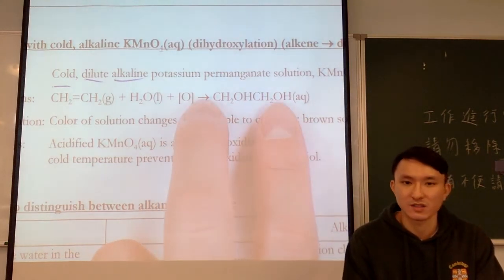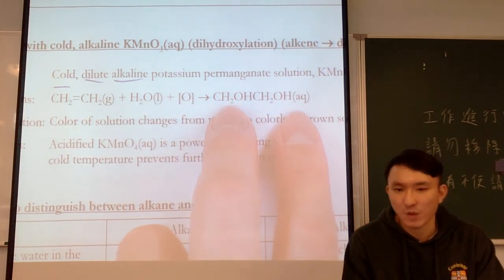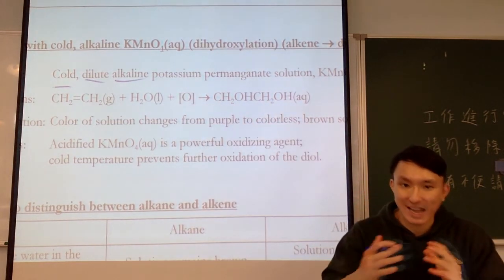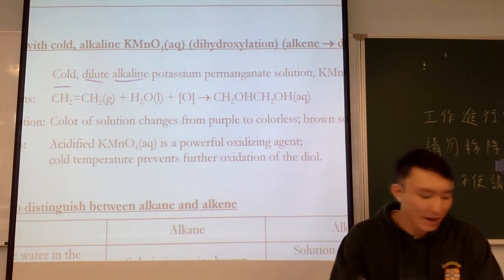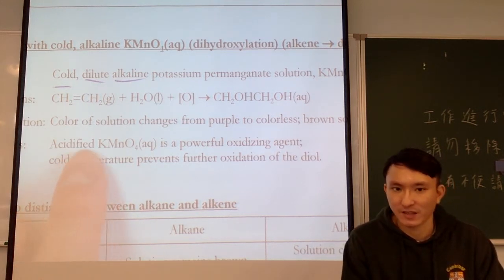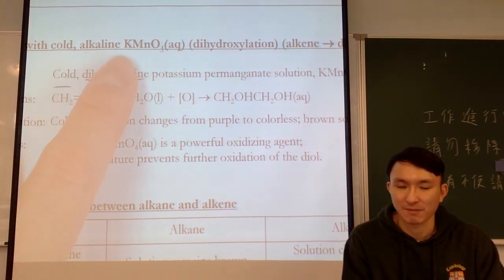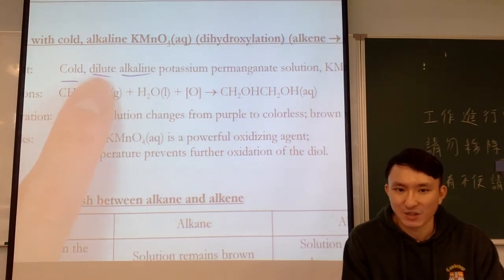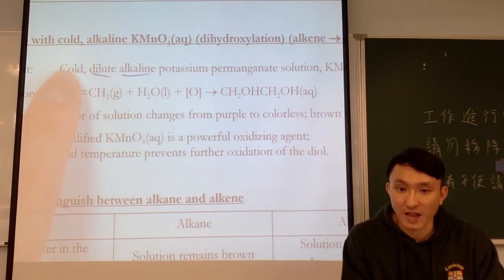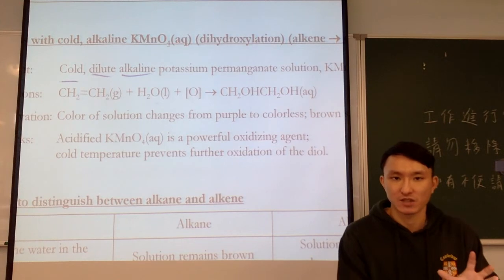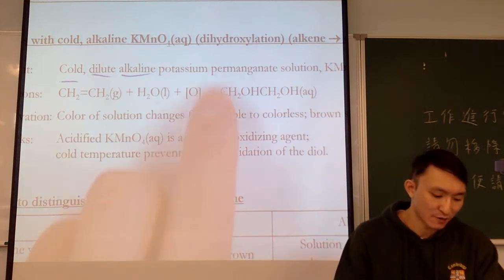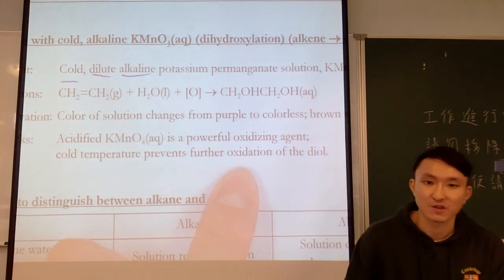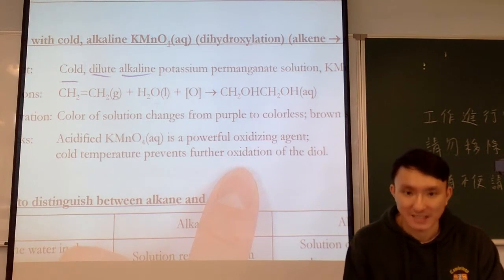So this is not what we want. That's why we need to control the extent of oxidation. To do that, instead of using acidified potassium permanganate, we use alkaline potassium permanganate. Also, we use a diluted solution as well as a cold temperature. All these measures are to prevent further oxidation of the diol. Okay, so that is the idea.